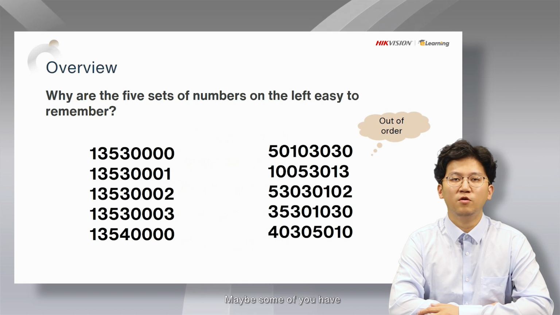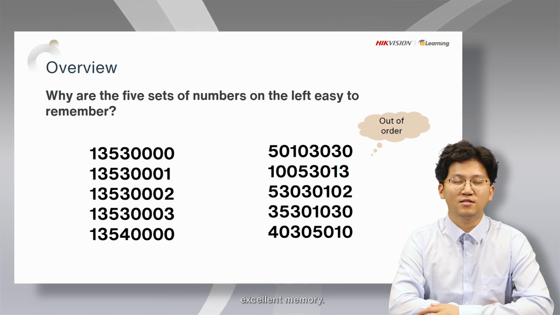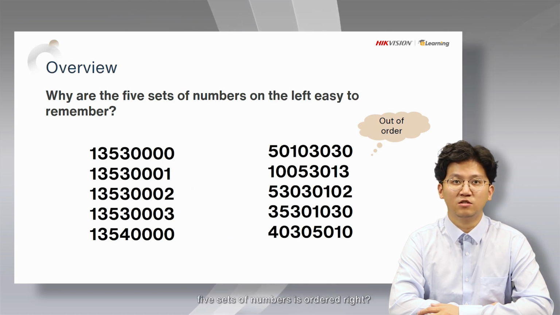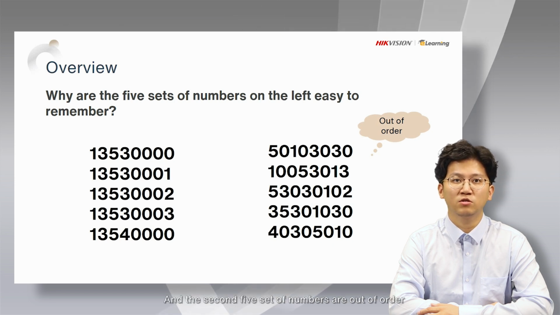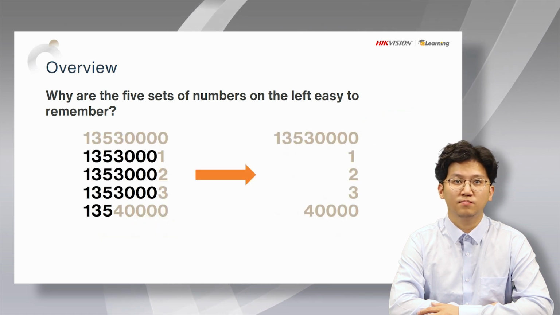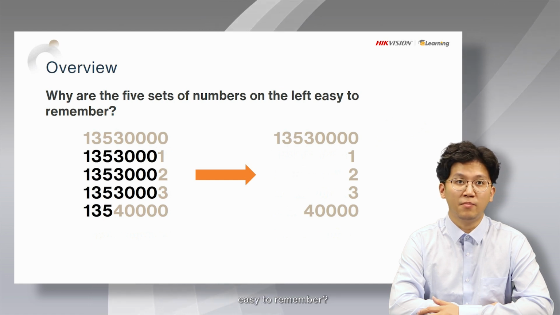Maybe some of you remembered all the sets of numbers because of your excellent memory. But it's clear that the first 5 sets of numbers are in order, and the second 5 sets are out of order and more difficult to remember, right? Why are the 5 sets of numbers on the left easy to remember?